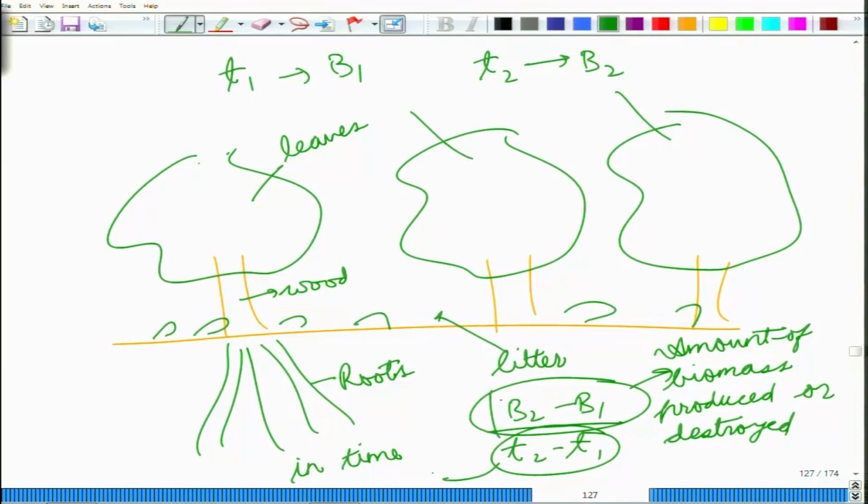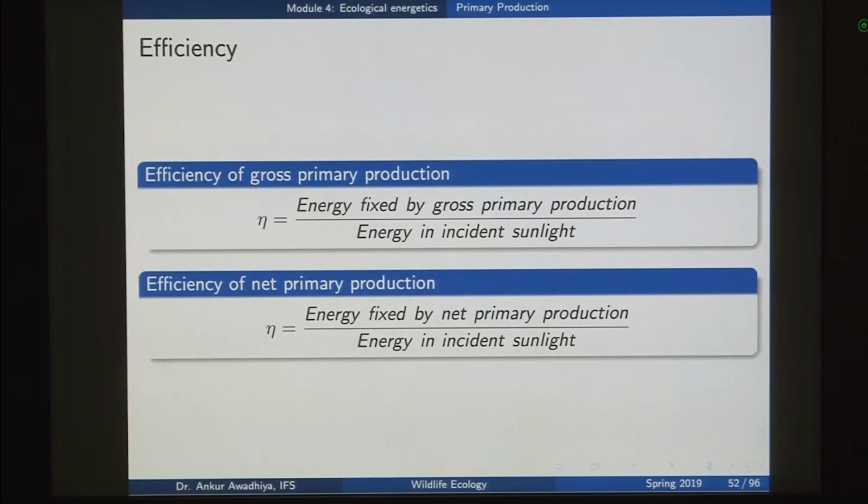So, this is the amount of biomass that was produced or destroyed, divided by the time period of measurement. So, from this as well we can make an estimate of the net primary productivity of this particular forest.